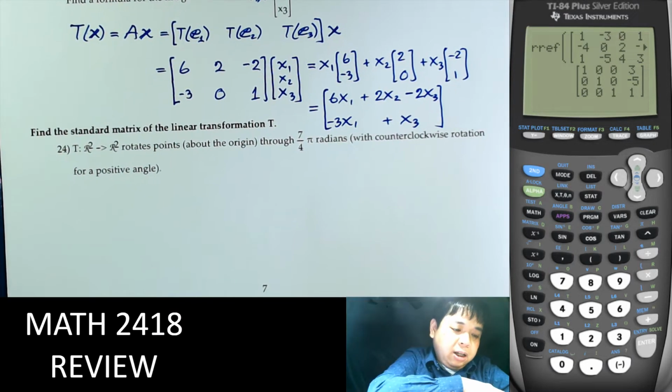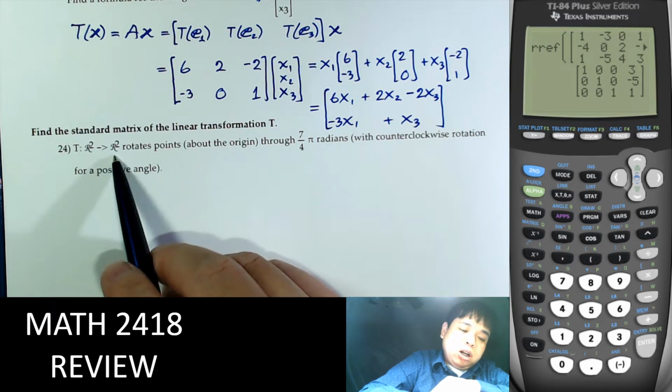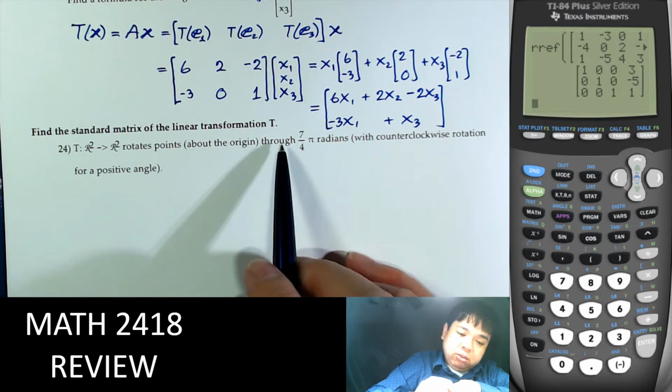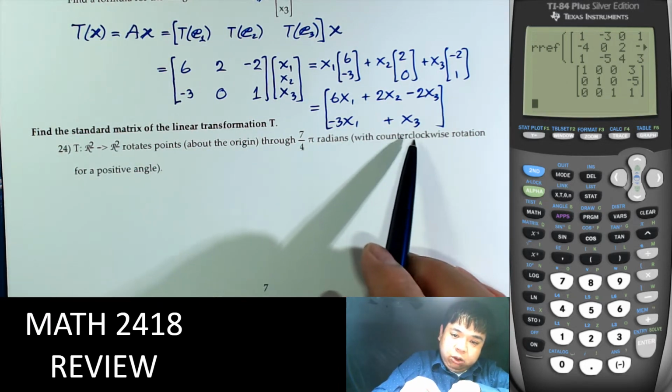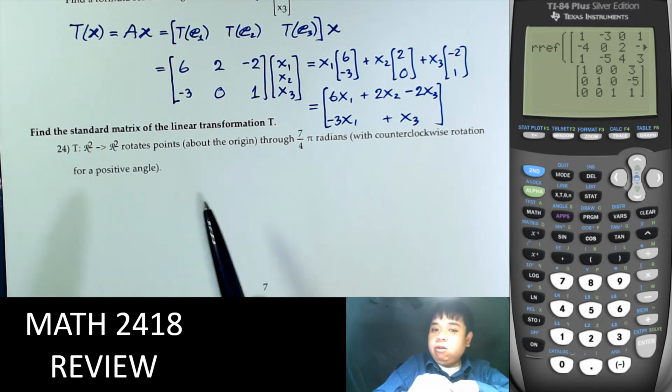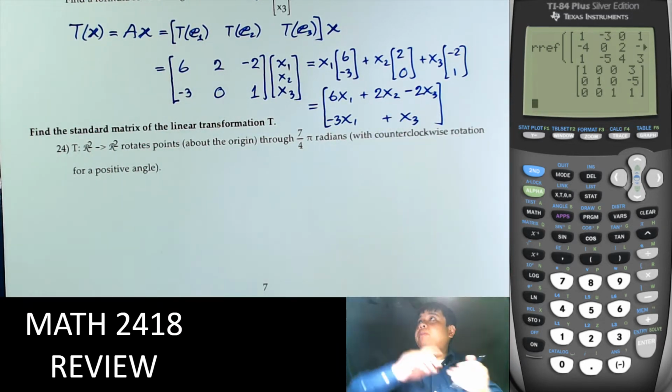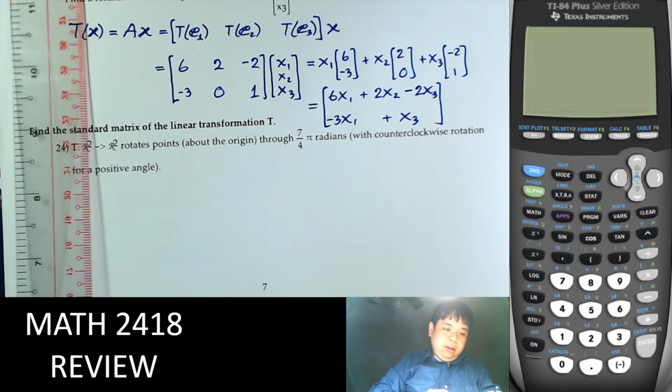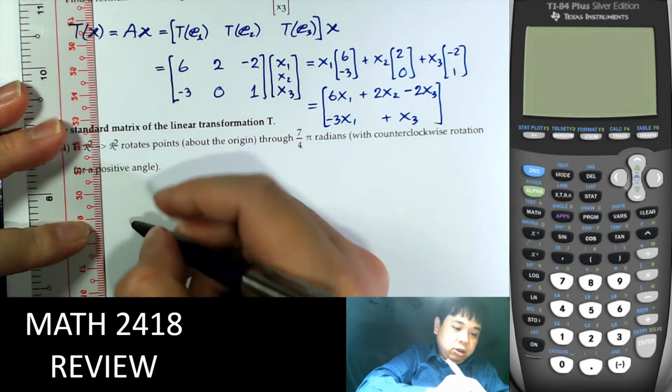Next, find the standard matrix of the linear transformation T applied to R2, which rotates points about the origin counterclockwise for a positive angle. So I'm just going to sketch here.